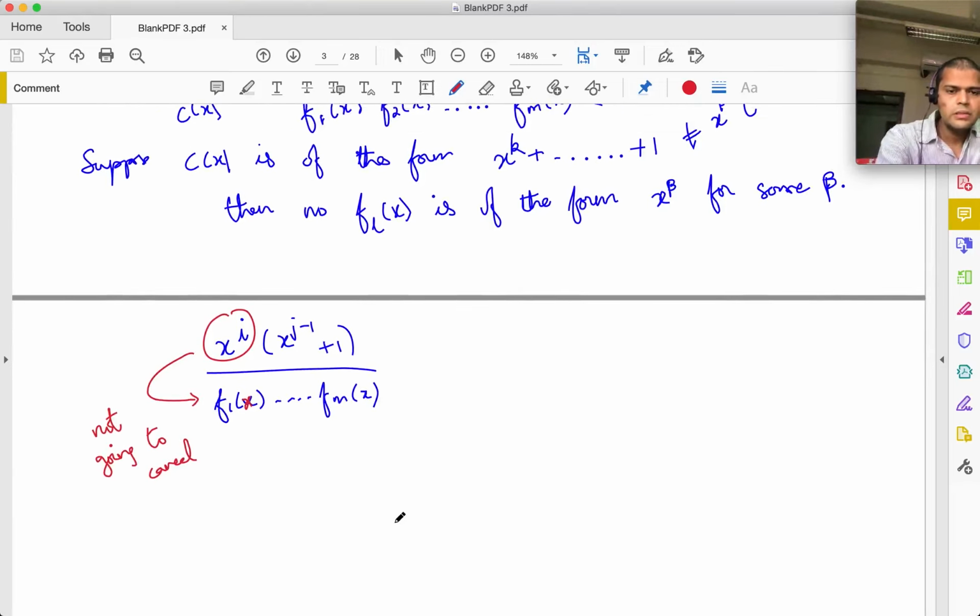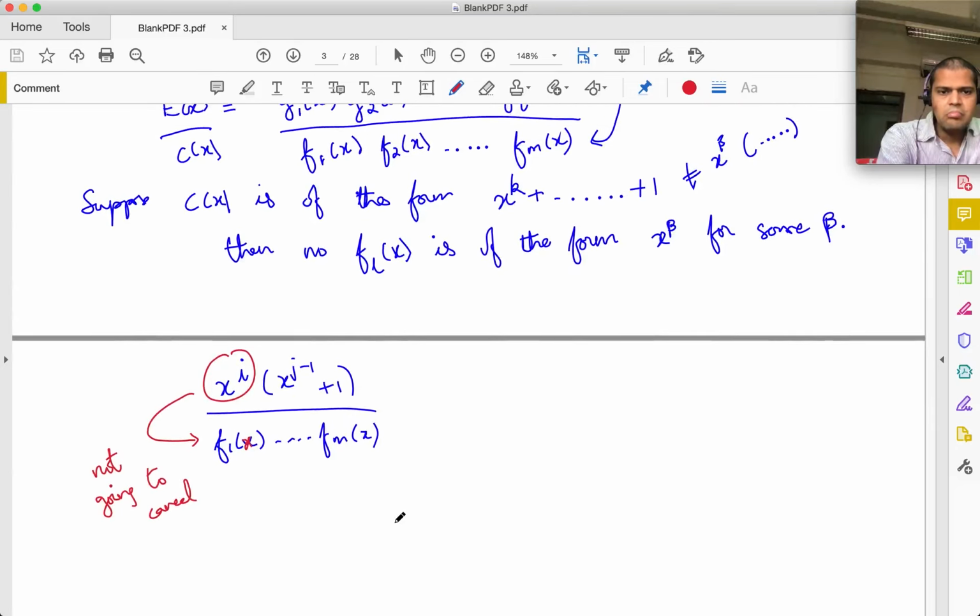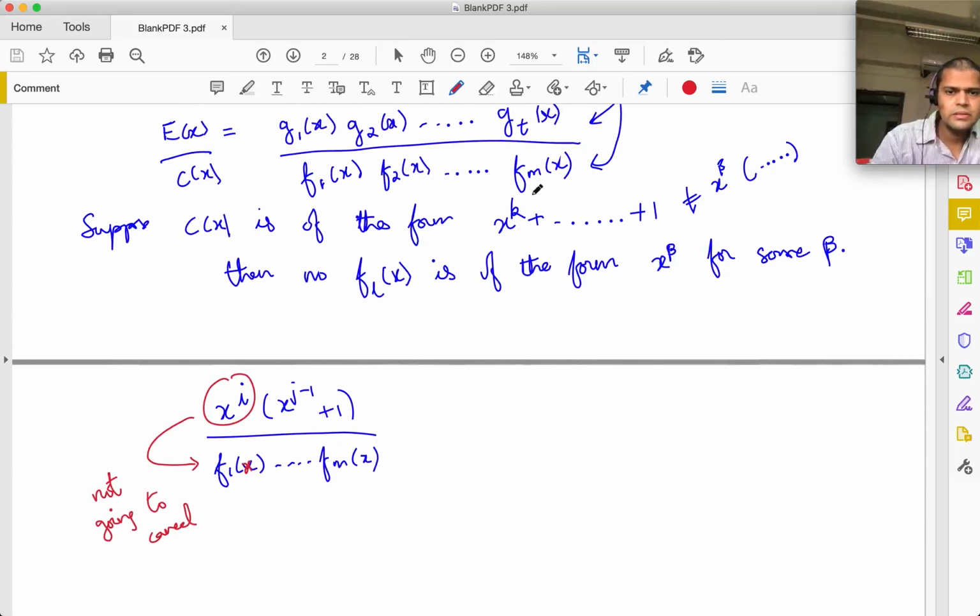Okay, so it's a little bit of a tricky question, because you might think, how is that going to happen? Because c of x has this form, x to the power of k plus something something plus 1. How here there are just two terms, and there may be only an exceptional case where you're going to be able to divide it out, right? Where j minus I is equal to k or something like that.